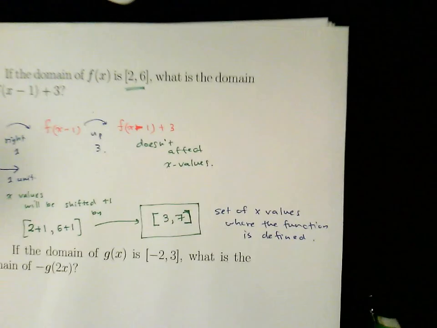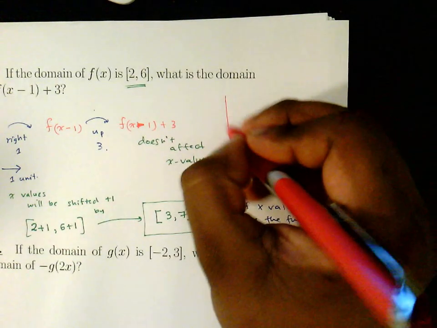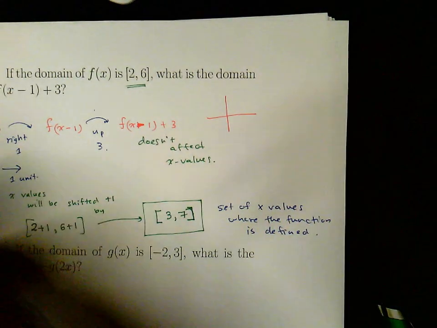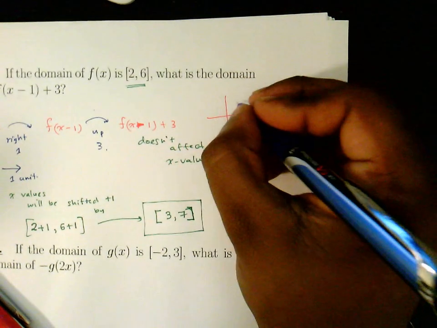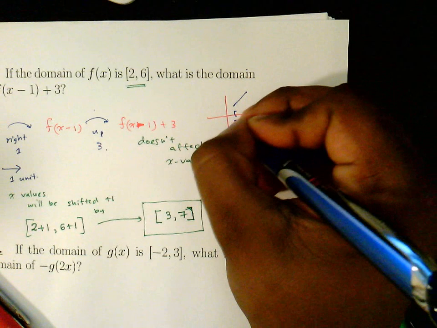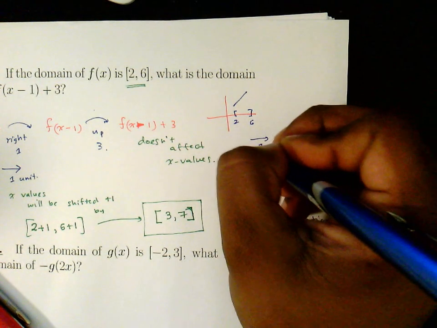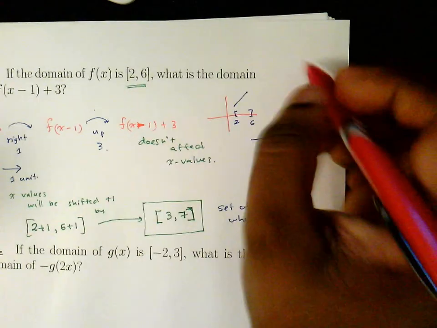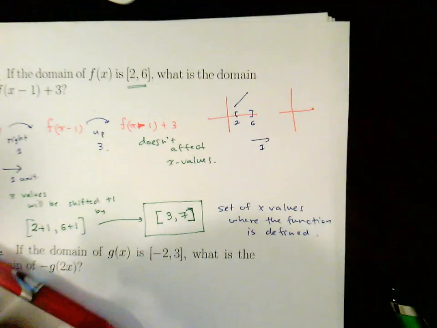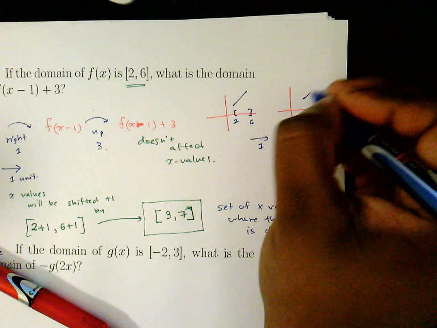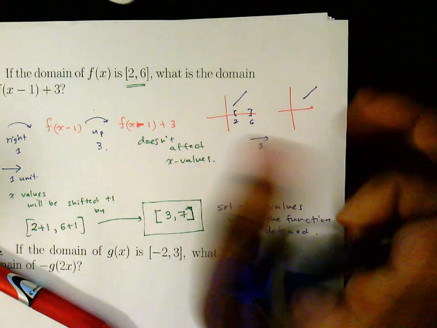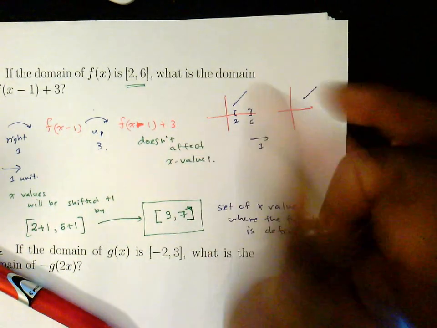So let me just draw this and show you. Let's say you have this function and the function has domain from 2 to 6. So when you do a right translation by 1, it would be translated like this. Just take it up and move it by 1 unit.